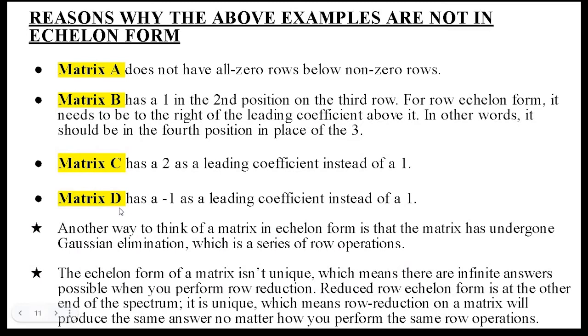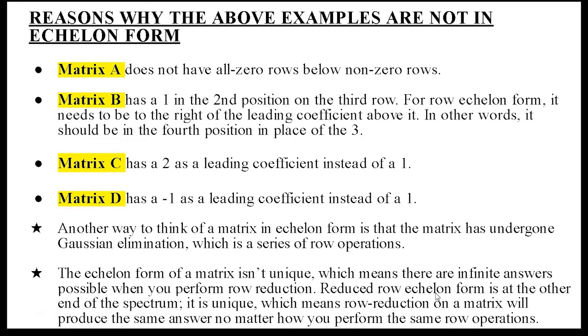So, another way to think of a matrix in echelon form is that the matrix has undergone Gaussian elimination, which is a series of row operations. And also please note that the echelon form of a matrix isn't unique, which means that there are infinite answers possible when you perform row reduction.